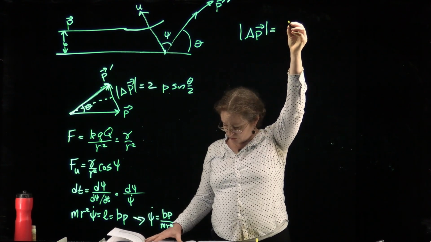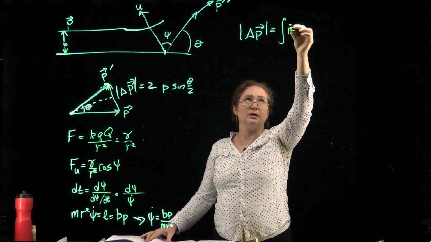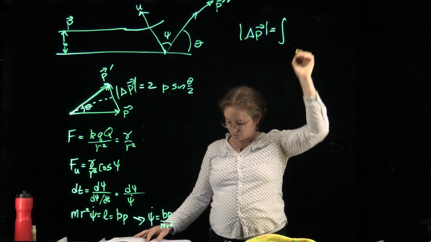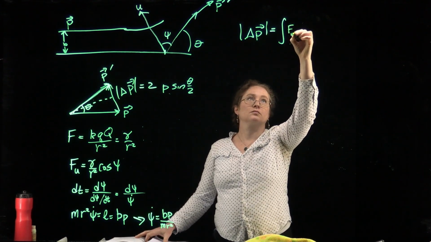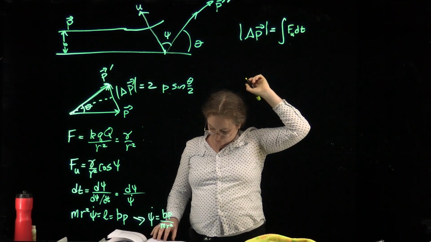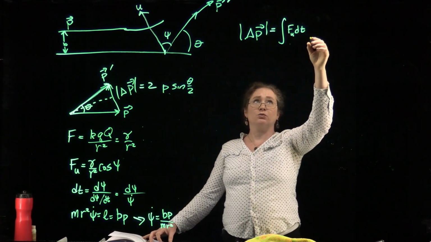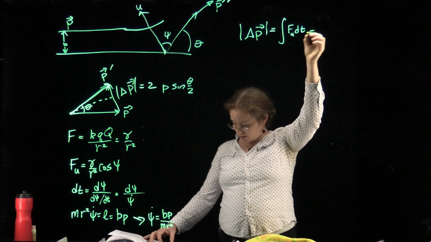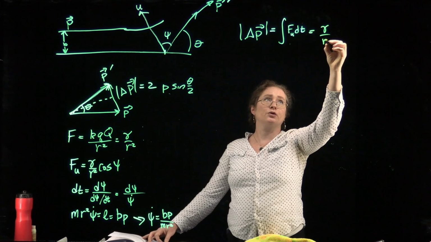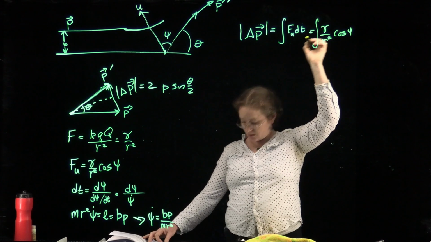That has to also equal the integral of the u component of F dt, and we can now write this: the u component of F is gamma over r squared cosine psi.